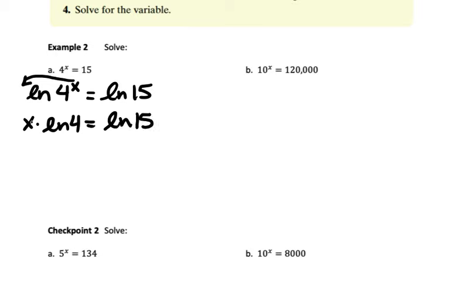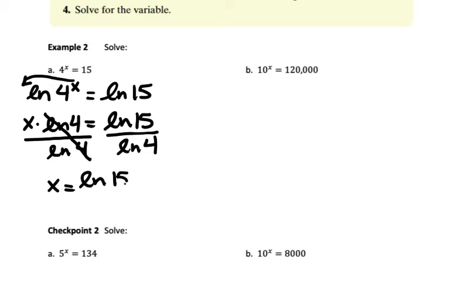And lastly, to get x by itself, I would divide both sides by ln 4. Since x is multiplied by ln 4, I would get rid of ln 4 by dividing. ln 4 is just a number. It's kind of an ugly looking number, but it's just a number. So that cancels out, and we have x equals ln 15 over ln 4.